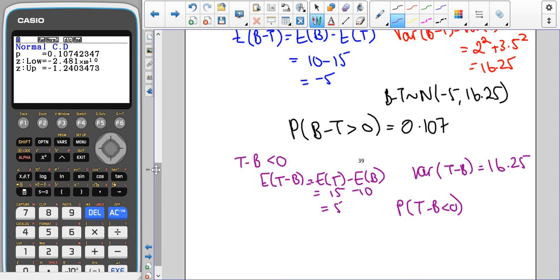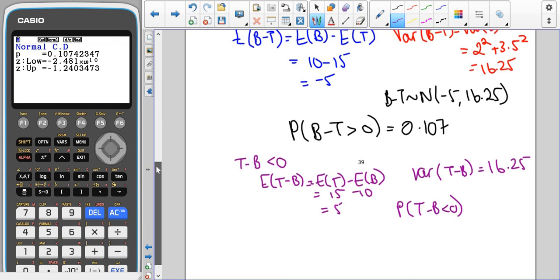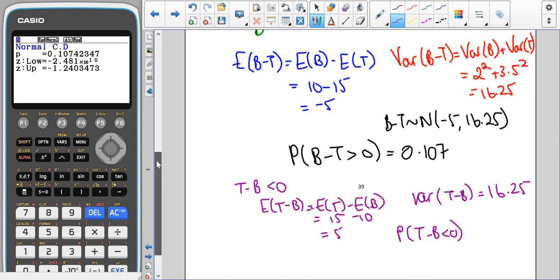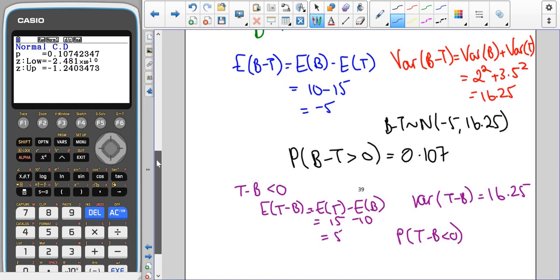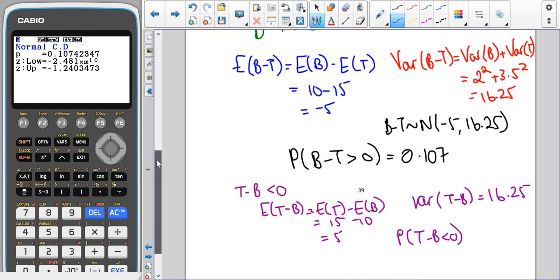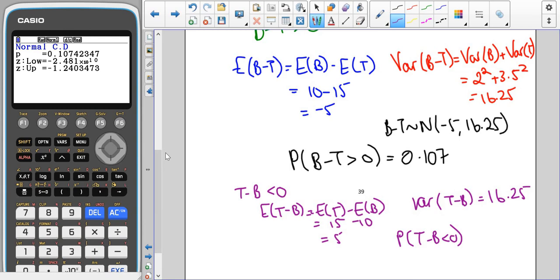Another really important thing to point out, and it's another common thing that people go wrong on, is that we can only combine together the variance. We cannot combine together the standard deviations. So you always have to work in terms of the variance.